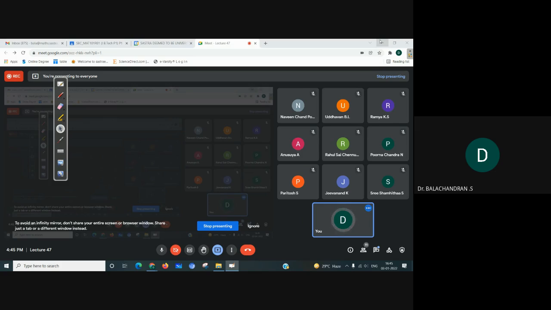Then quadratic form, especially the assignment part you wrote, rotation of quadratic surface, is also important.